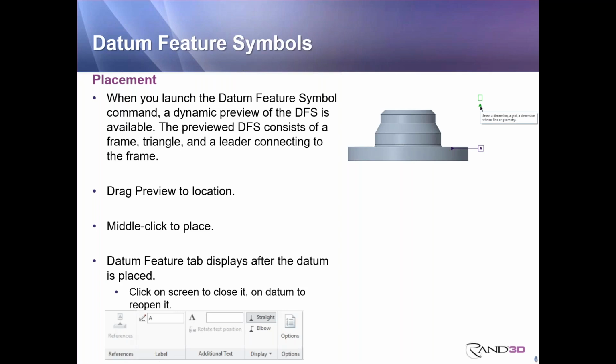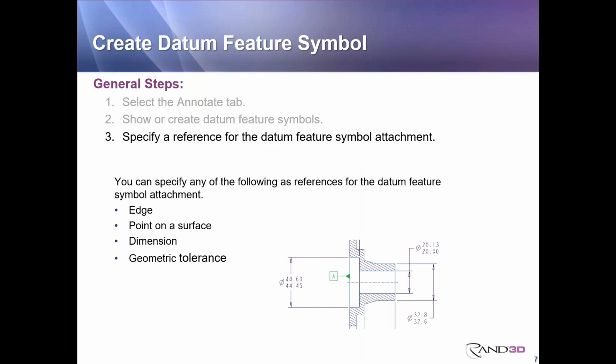But in the drawing, you can create a datum feature symbol and select references in the drawing, such as edges, surfaces, sketch entities, draft entities. You can pick linear dimensions or their extension lines, the elbow of a radial dimension, a diameter dimension, or a geometric tolerance. Now, this image here shows a placed datum feature symbol in green tint, as you see it there, and I will show that when we get to the demonstration portion of the training.